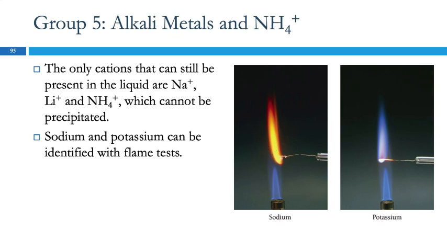In fact, you'll see this color in a wood fire, and the color there is from the sodium that was in the wood. Potassium makes a purple flame. So you could identify those. And then ammonium would just be by process of elimination.